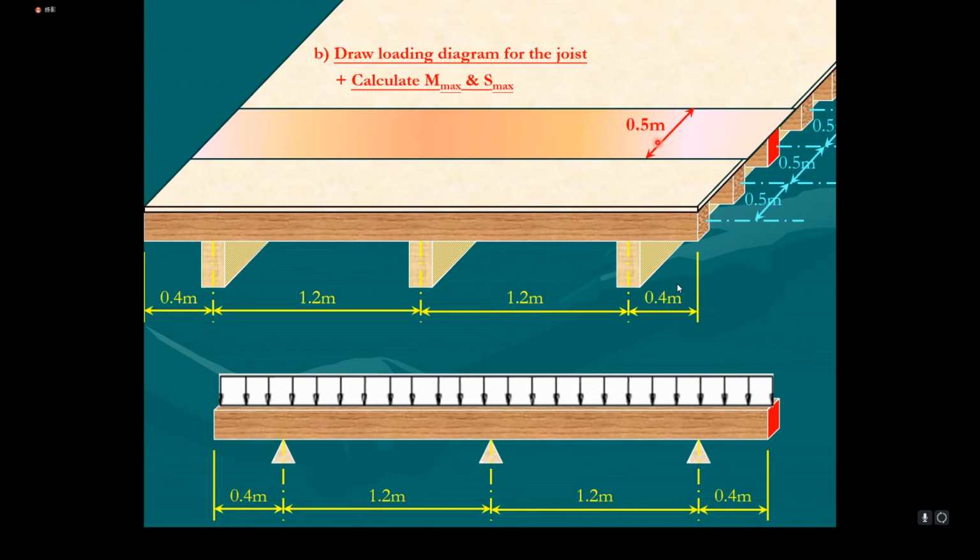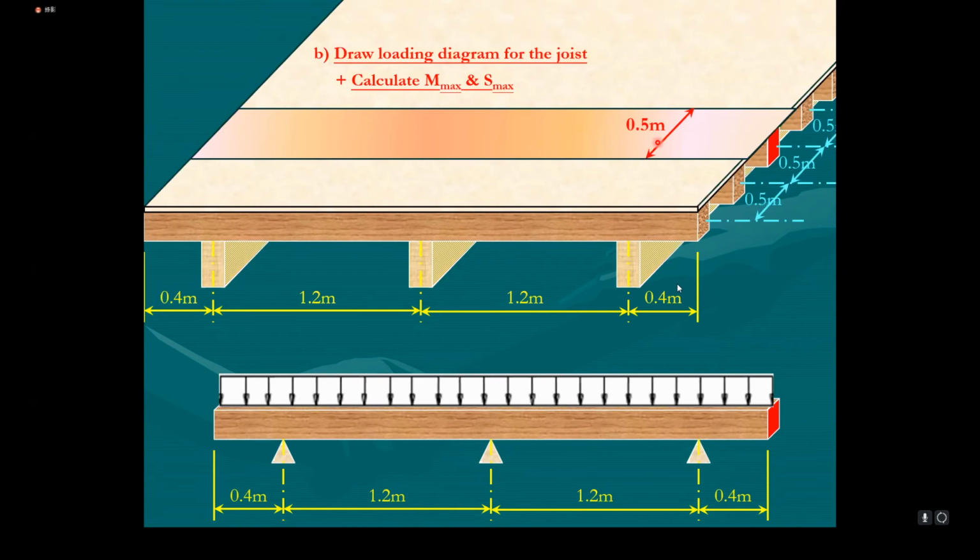And the loading is 8.78 kilonewton per square meter, times the width of the loading area, that is 0.5 meter. The unit of UDL should be kilonewton per meter.